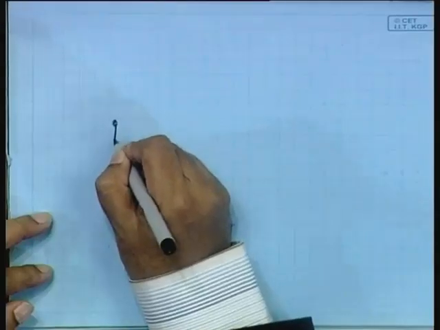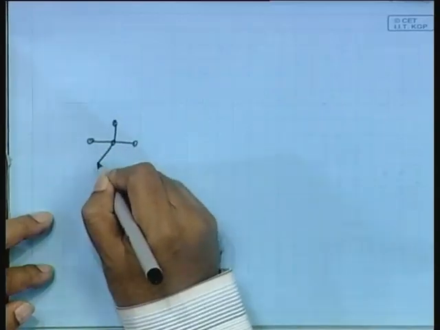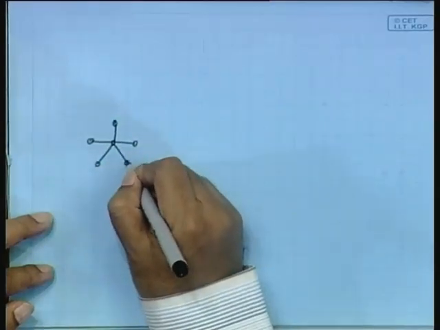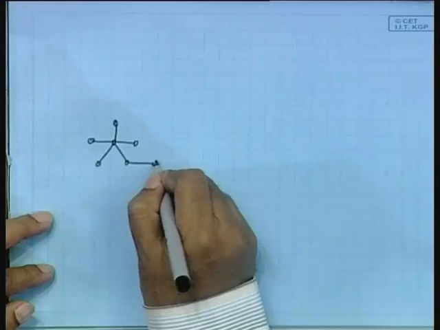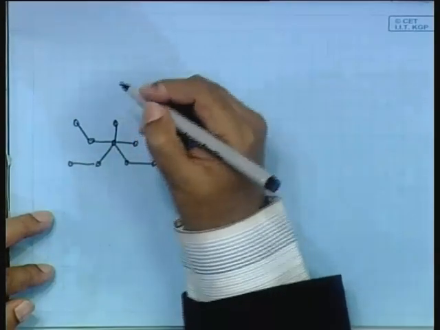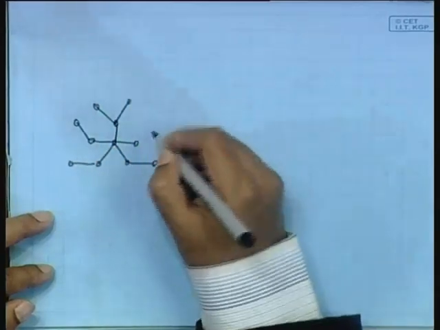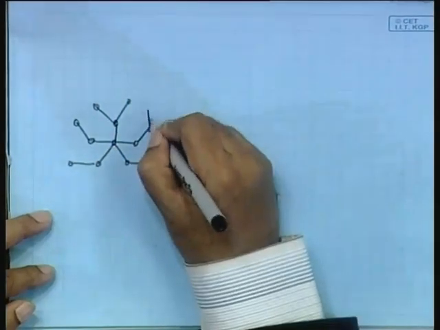Suppose this is a tree. So, this is a tree, right.